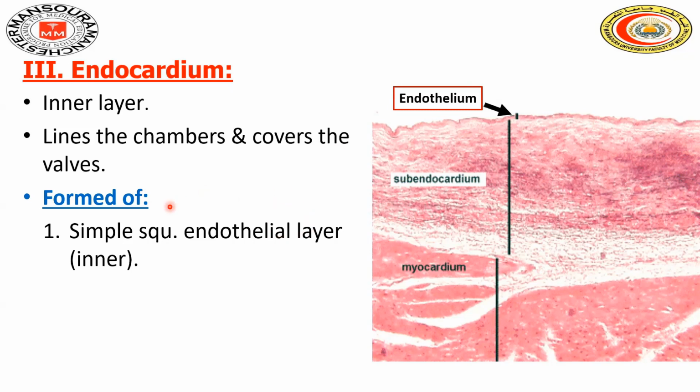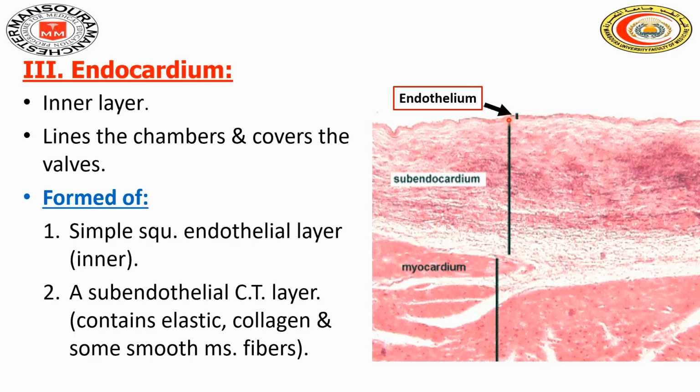Classically, it is called endothelium, characterizing the epithelial lining of the heart and blood vessels. So the epithelium lining the heart and all blood vessels is specifically named endothelium. So the first layer of the endocardium is a simple squamous endothelial layer, which is flat cells with flat nuclei lining the chambers.